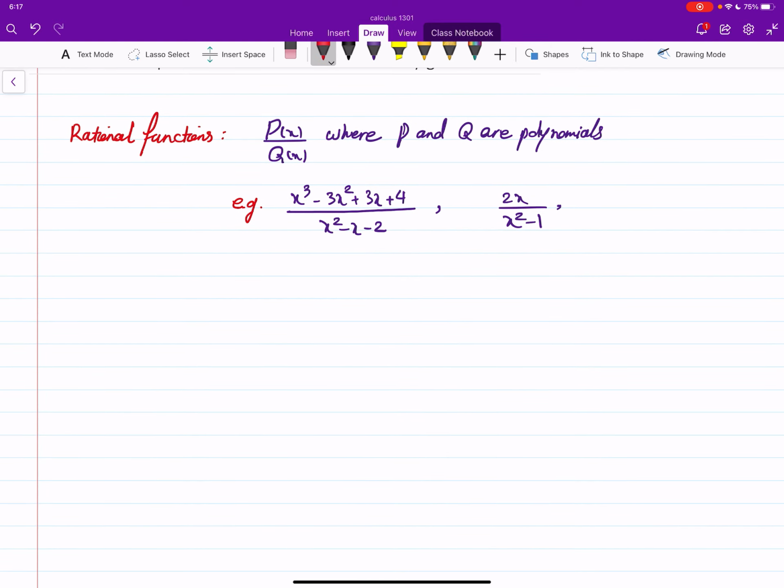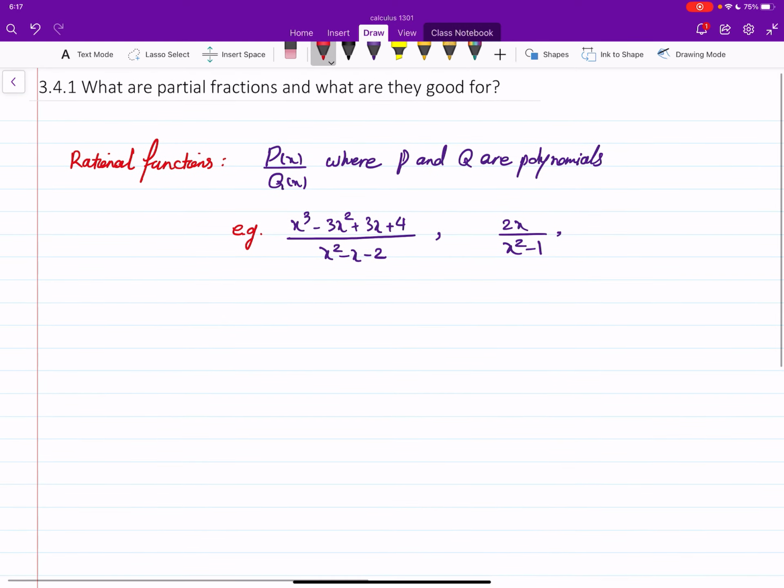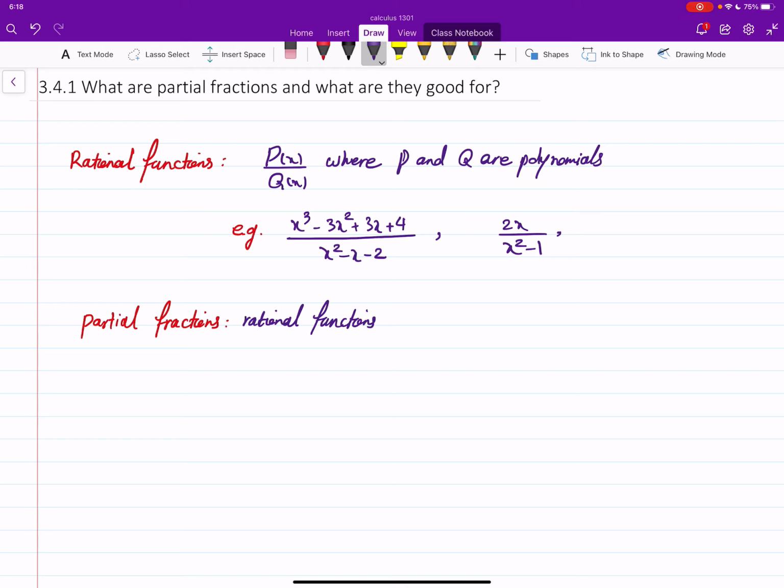But out of this family, there is a family that is going to be very important for us. It's called partial fractions. What are partial fractions? Partial fractions are rational functions, but we only consider very specific forms, very special cases.